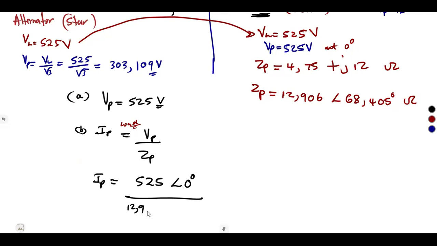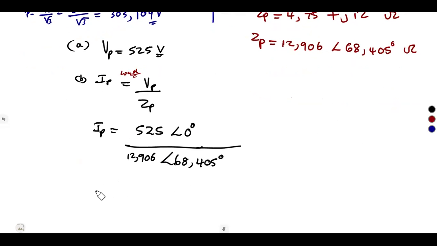We calculated the impedance per phase. That's 12.906, and our angle is what? 68.405. So just like that, guys, we are back to our polar form. So let's divide here.